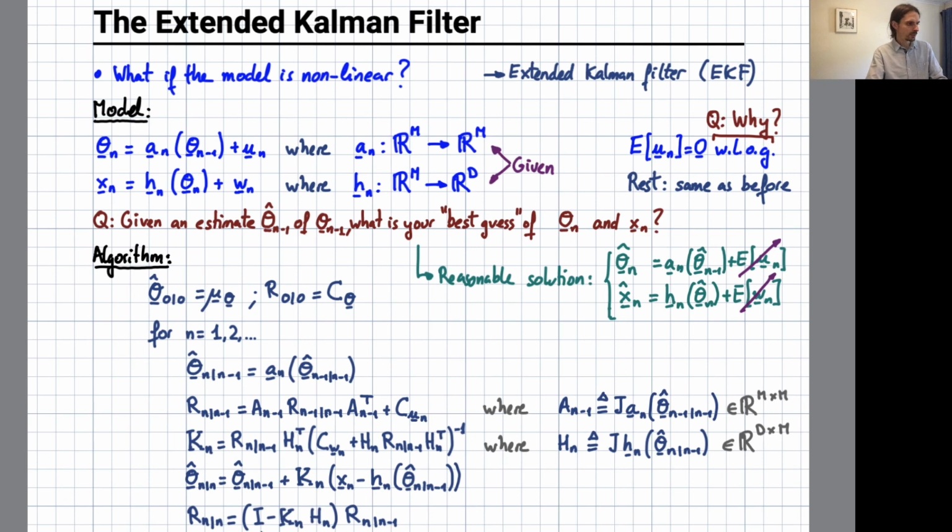And finally, we have to approximate the error of this estimate here, and the equation is the same as in the Kalman filter, but now the H is the Jacobian, not the measurement matrix.